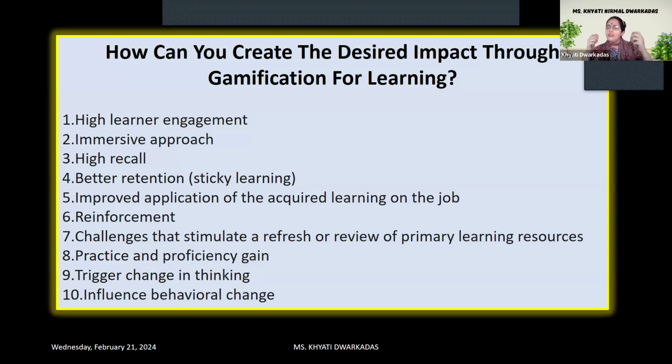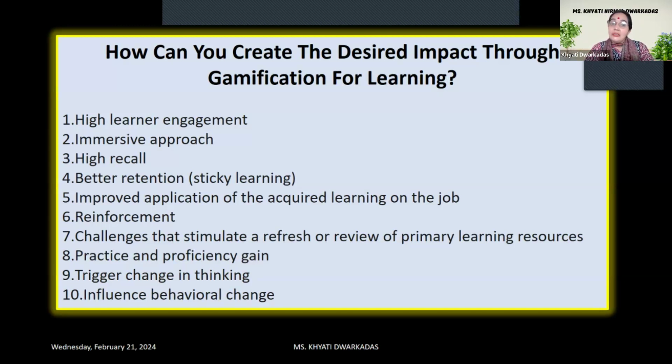And how are we going to create a desired impact through gamification? It's higher learner engagement. It's an immersive approach. Like, you can't tell a child to do corrections 3 times, 5 times. The child will not do it. But you give a game through the gamification model and the child will do it multiple times.